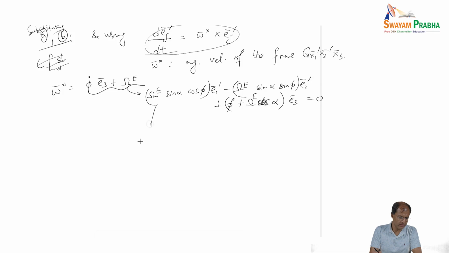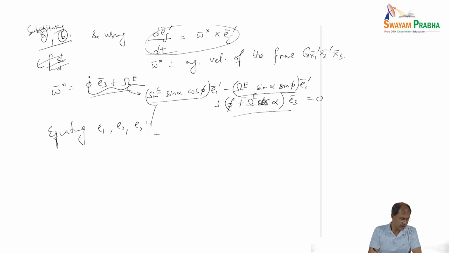Now we will have three sets of equations. Equating the E1, E2 and E3 components, we get a set of three equations, one for each component, 1, 2 and 3.